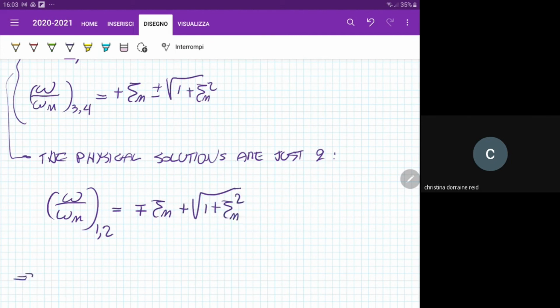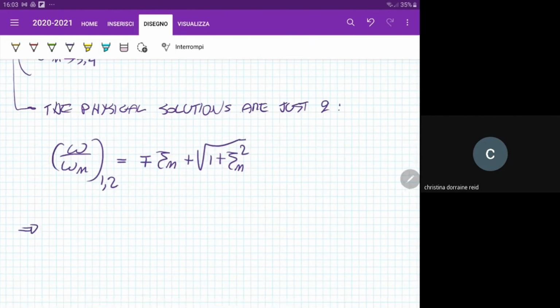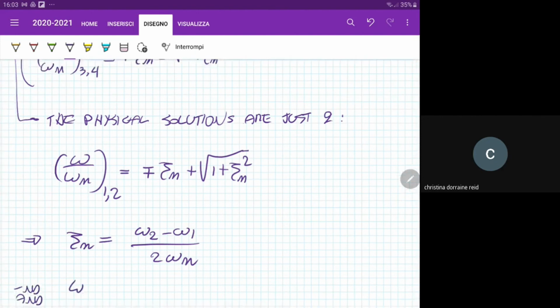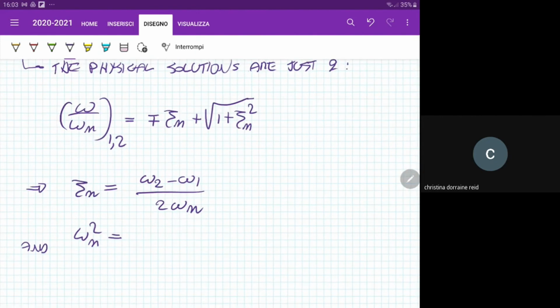Because of that, we can say, and this is the first finding, that zeta n, the damping ratio, could be simply evaluated by this very nice formula. And of course, we also have omega n squared equal to omega 1 times omega 2.